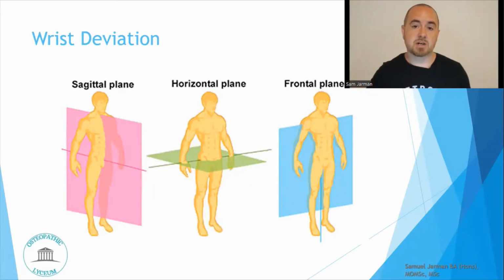Now, in the case of wrist deviation, both abduction, or movement of a body part away from the midline, and adduction, movement of the body part towards the midline, are going to occur in the frontal or coronal plane about a relative anterior-posterior axis.